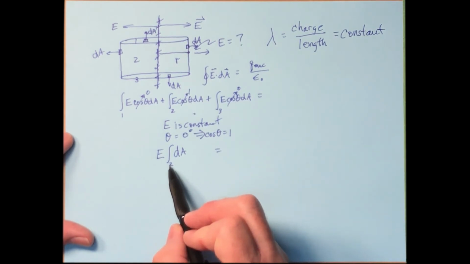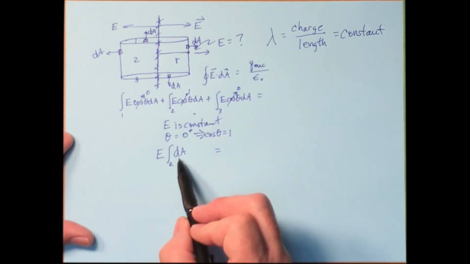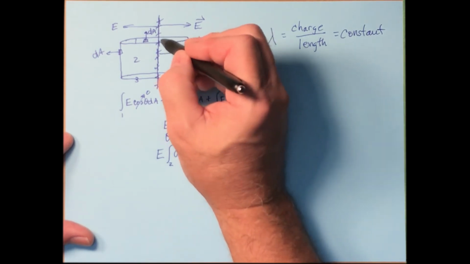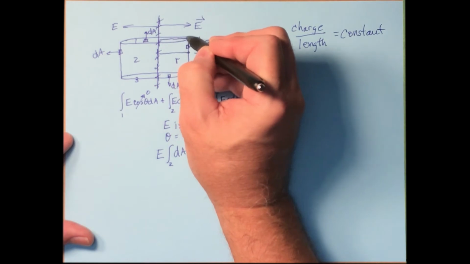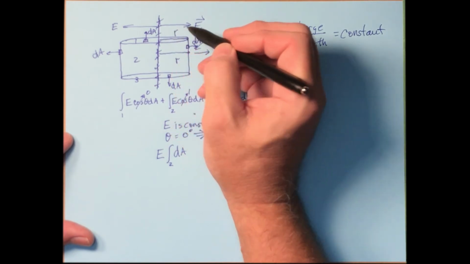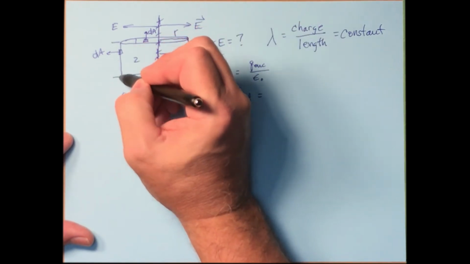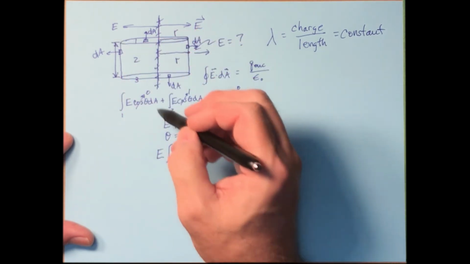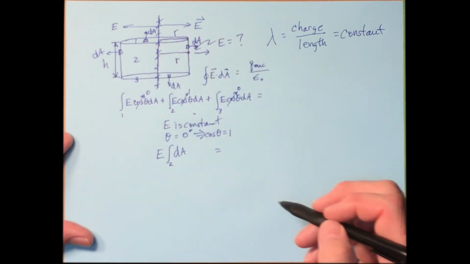So let's evaluate this. In order to evaluate this, you need some known quantities. So let's say we know this distance here, and we do, because that distance is going to be little r. But we need this distance here as well so that we can evaluate the integral. Let's just call that h for height.